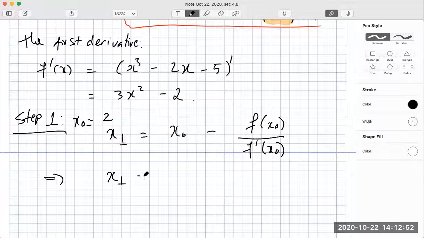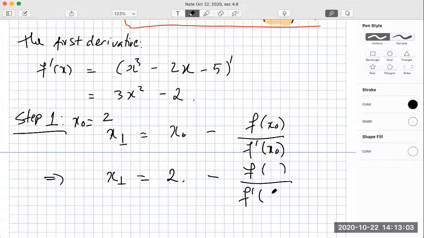So therefore, x1 will be 2 minus f of 2, substituting the values here.